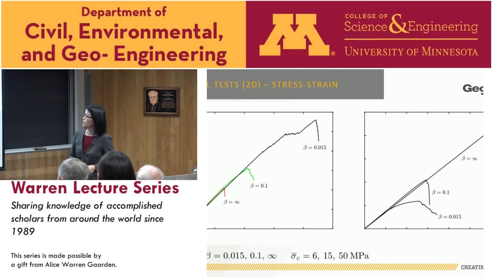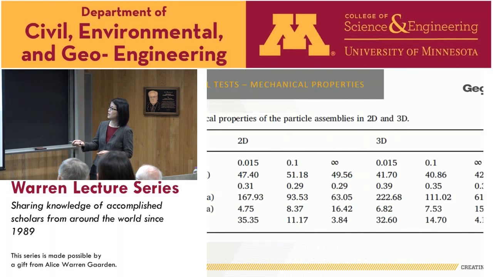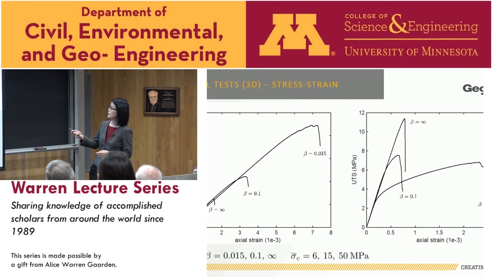So that result was 2D, and those are 3D results. More or less, we get similar behavior, except that with 3D we have quite significant strain hardening in the pre-peak area for the very small beta coefficient. In other words, significant softening.